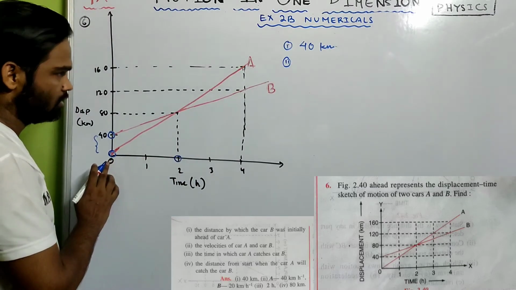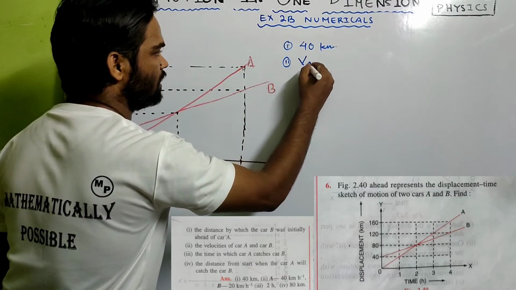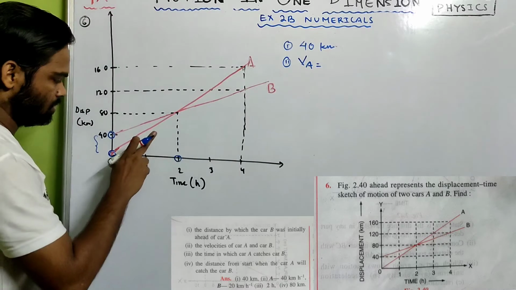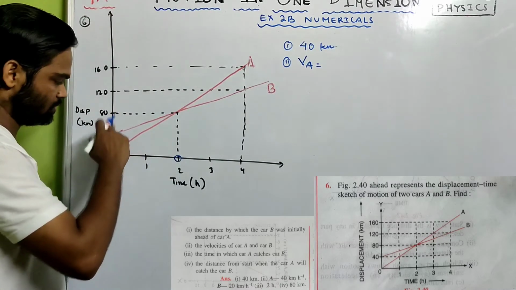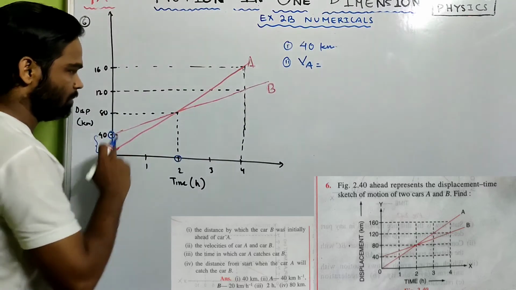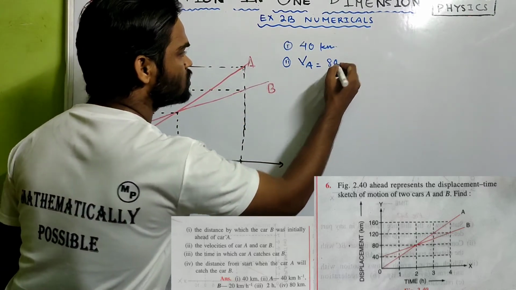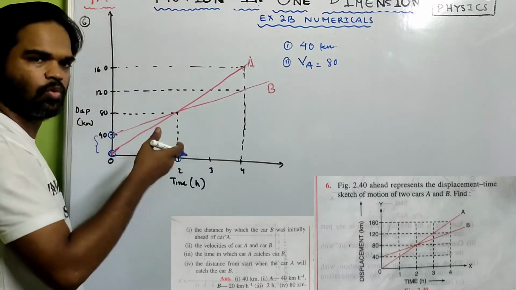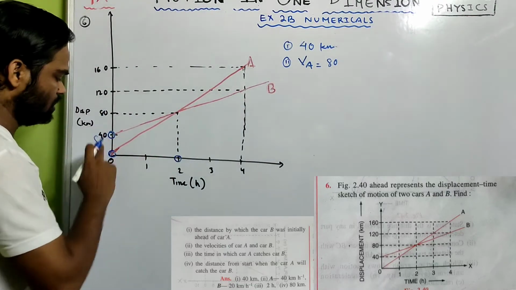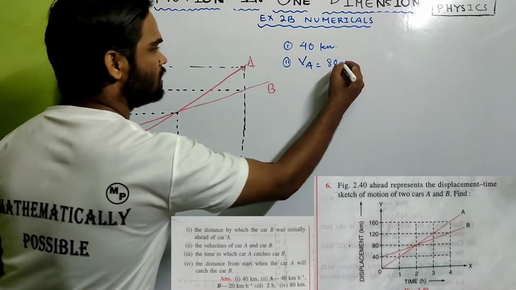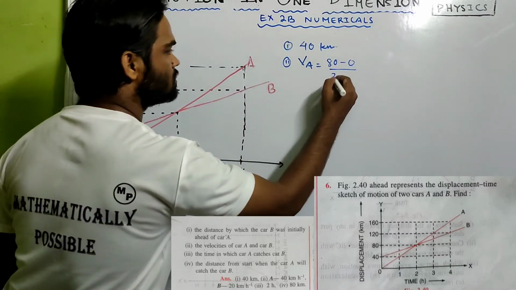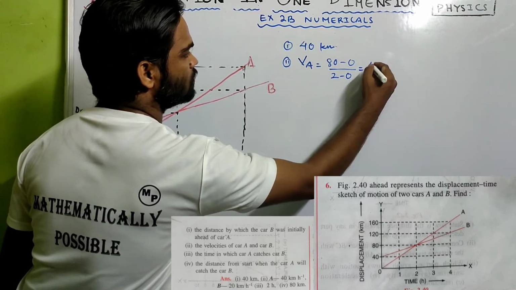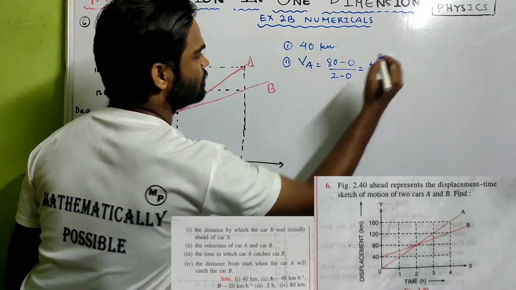So velocity of A: change in y coordinate, this is displacement, 80 minus 0. In a displacement time graph, the slope gives us the velocity. Change in y coordinate is 80 minus 0, change in x coordinate is 2 minus 0. That's 80 by 2, 40 kilometer per hour.